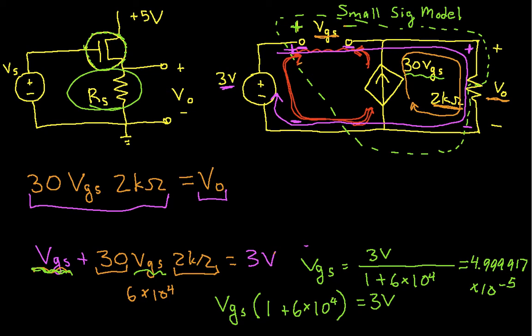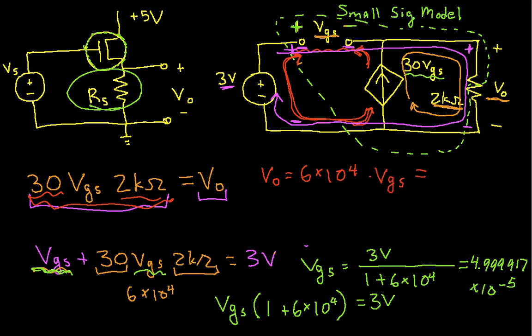So now let's clear out a bit of space. We can go back to this equation, this guy right here, and find V out. We have V out is 6 times 10 to the 4th, that's what we decided this guy times this guy is, times VGS.